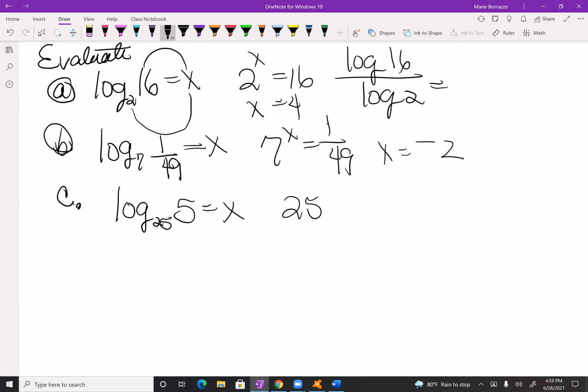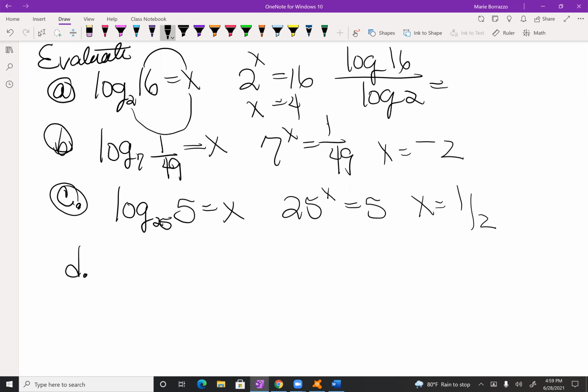So 25 to what power is equal to 5? You should get x equals 1/2, because that's the square root of 25. The square root of 25 is 5.